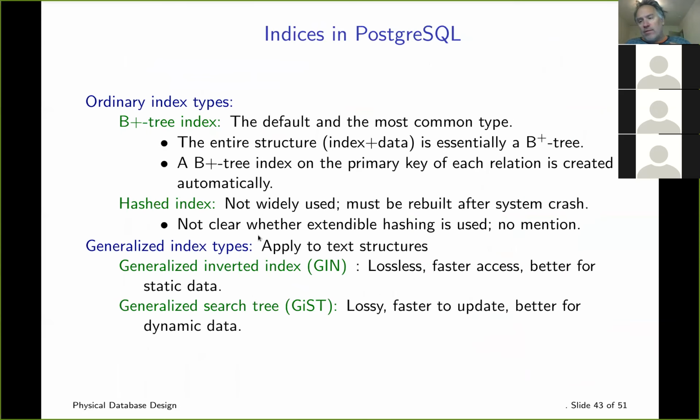So now let's get to something more practical. This is what you're going to be doing in recitation also. That is, how do you actually build these indexes inside of PostgreSQL? You want to actually put these things to use. So how do you do that? The way you do that is, of course, through SQL commands where you create indexes. The B plus tree is the default in PostgreSQL and in most databases.